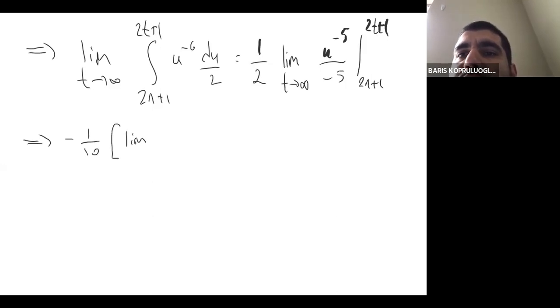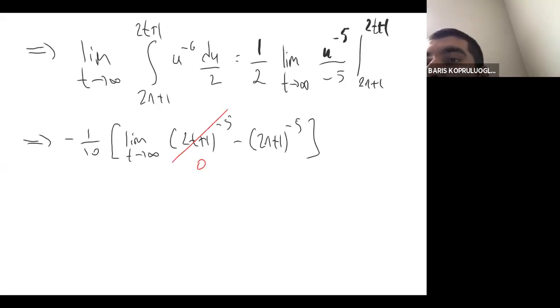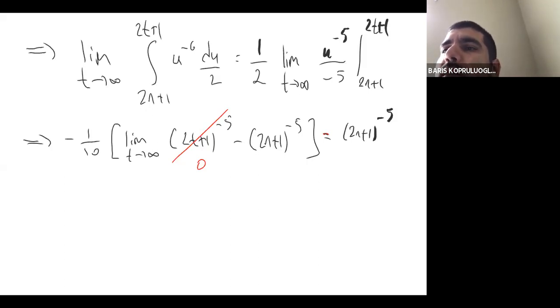The limit as t goes to infinity of (2t plus 1) to the power of -5 minus (2n plus 1) to the power of -5. The first term is going to be 0 because it's infinity to a negative power. So long story short, we'll have (2n plus 1) to the power of -5 over 10.